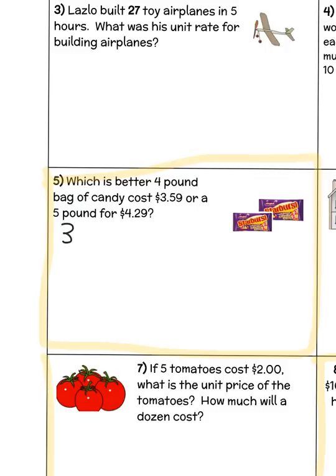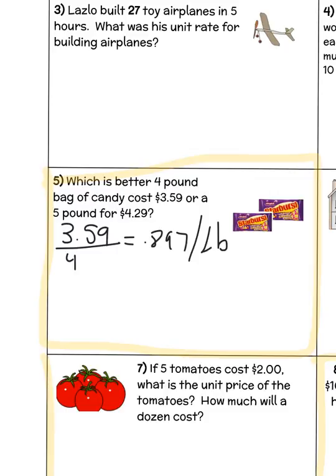So we have the $3.59 divided by the 4 pounds, which equals 0.897 or 89 cents per pound. That's LB right there. My L just looks weird.